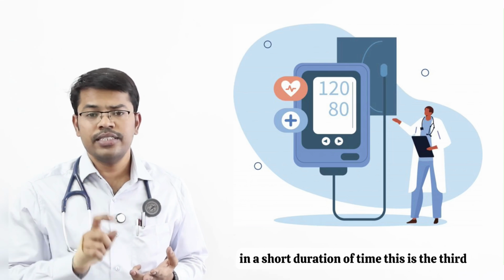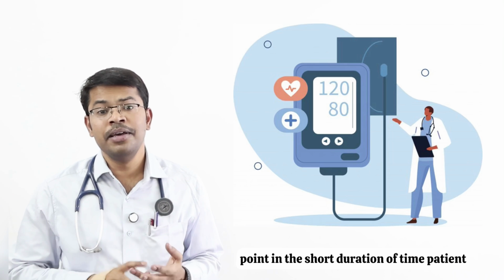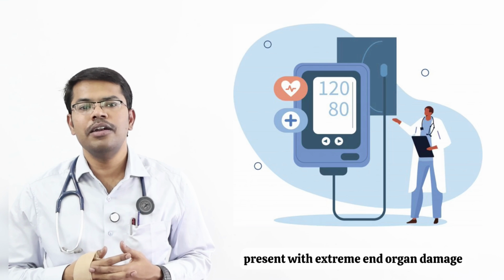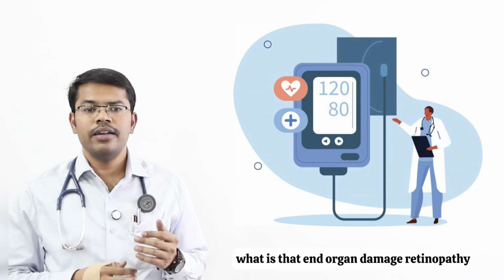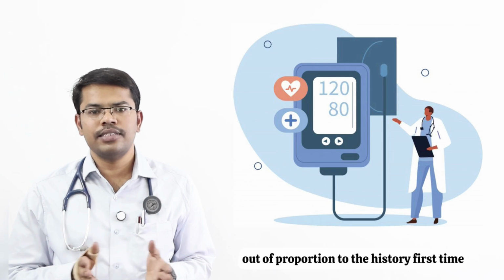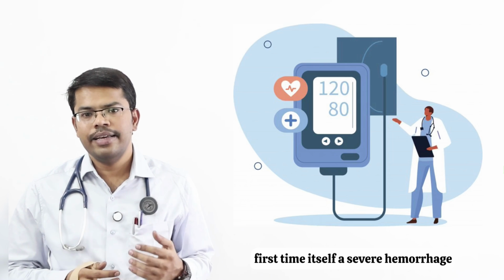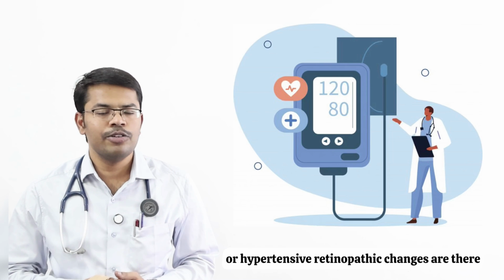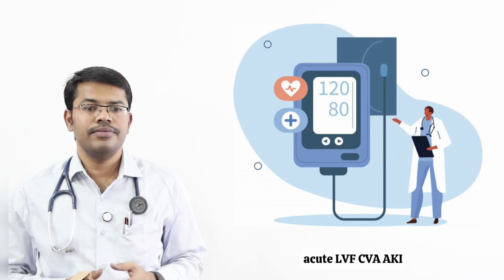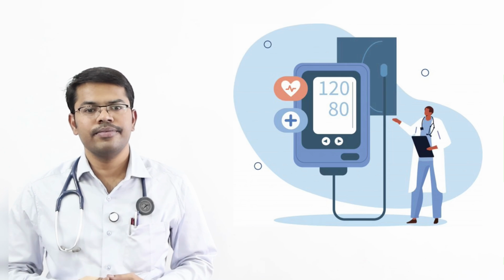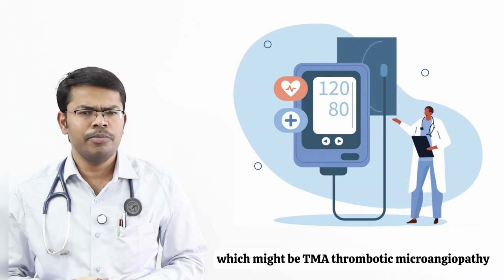This is the third point. In a short duration of time, the patient presents with extreme end organ damage. What is that end organ damage? Retinopathy out of proportion to the history. First time itself the patient presents with papilledema, or severe hemorrhage or hypertensive retinopathic changes. Acute LVF, CVA, AKI, the manifestation of which might be TMA, thrombotic microangiopathy.